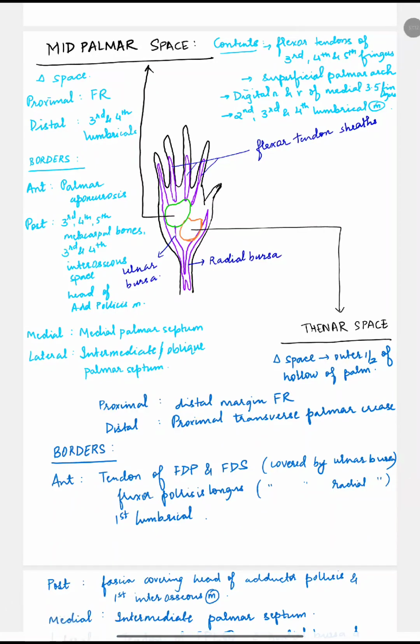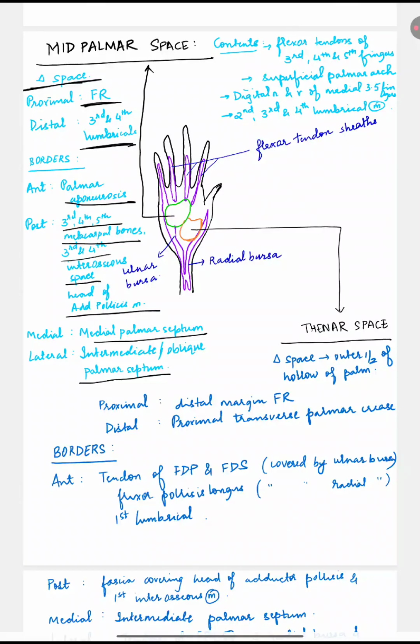Now the mid palmar space is a triangular space. Proximally it is connected to the distal margin of the flexor retinaculum, which communicates with the forearm space, and distally there are the third and fourth lumbricals. Borders: anteriorly the palmar aponeurosis; posteriorly the third, fourth and fifth metacarpal bones, third and fourth interosseous spaces, and the head of adductor pollicis muscle; medially the medial palmar septum, and laterally the intermediate or oblique palmar septum.